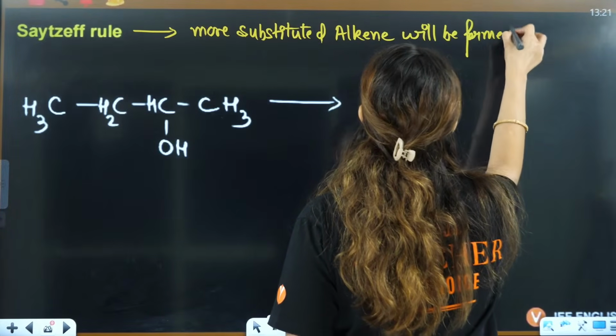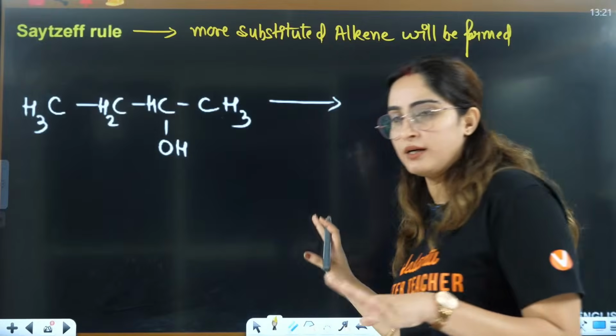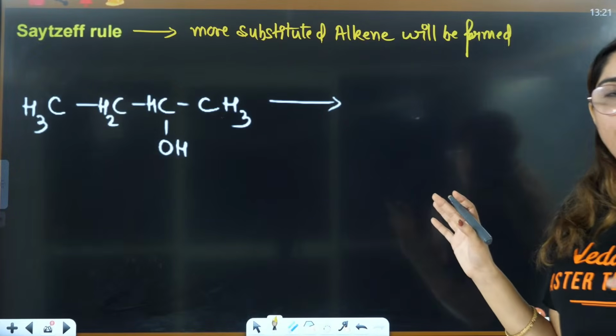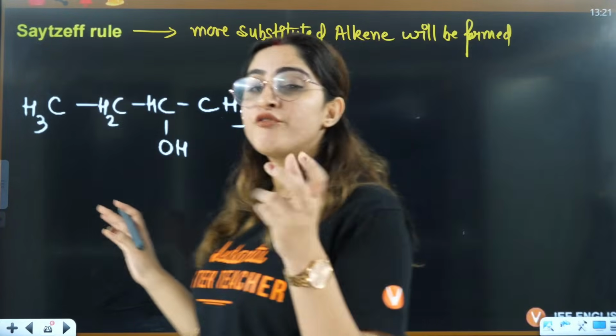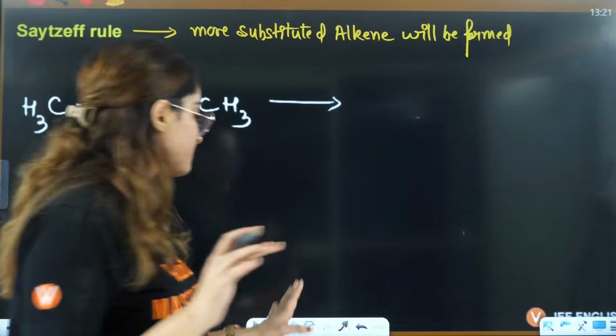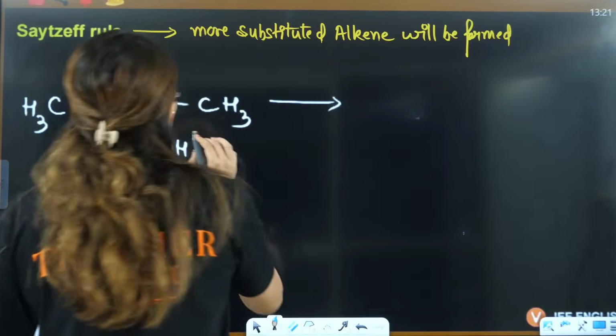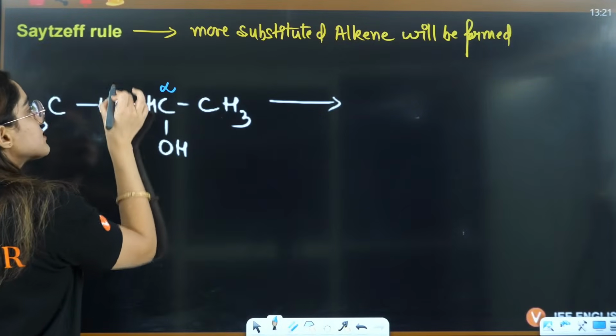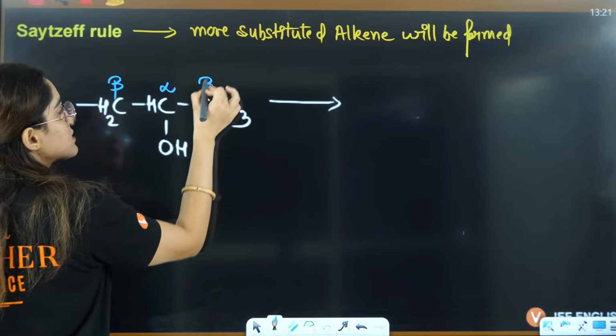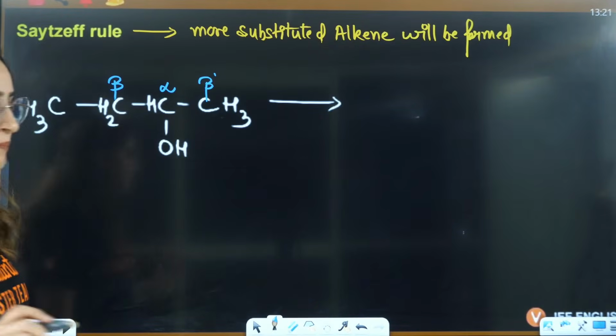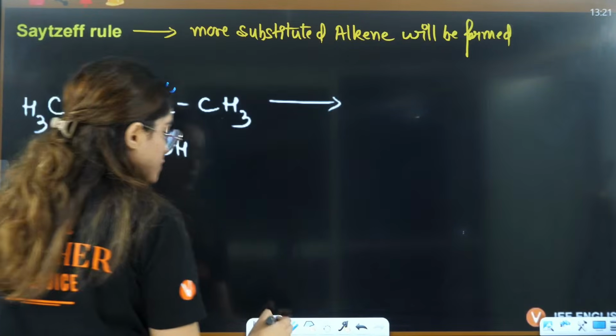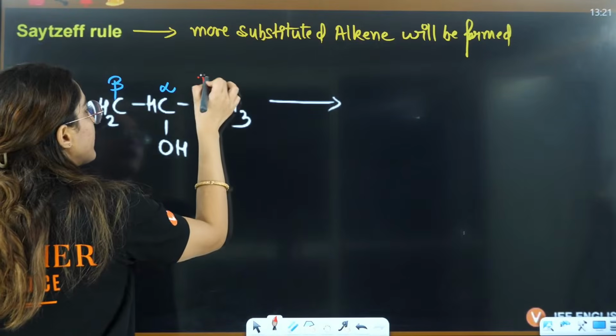Now, I'll write two compounds here. You have to tell me which one will be the major. So guys, this is the alpha position and this can be beta, and this can be, let's say, beta dash. These two are beta. So two things are possible here. Let me write beta dash with the red pen.